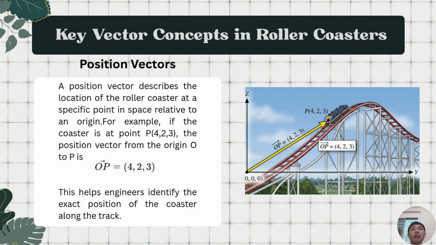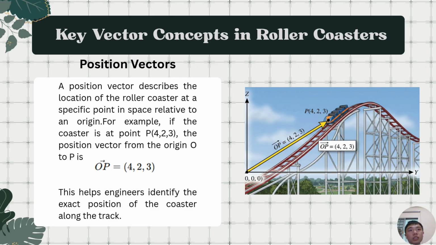And now I will explain the first concept, which is position vectors. A position vector represents the location of an object relative to a fixed starting point, which is usually called the origin.